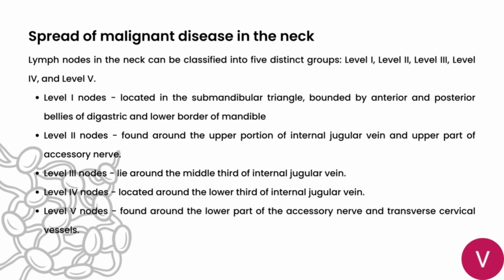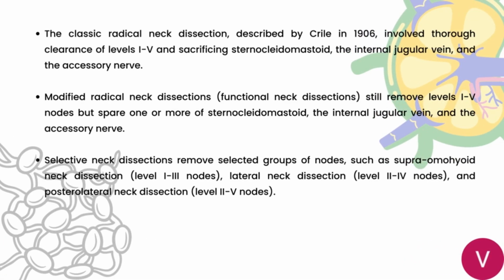Level 4 nodes are located around the lower third of the internal jugular vein. Level 5 nodes are found around the lower part of the accessory nerve and the transverse cervical vessels. Understanding which levels of nodes are likely to be involved in metastatic spread helps determine the appropriate nodal clearance during surgery.